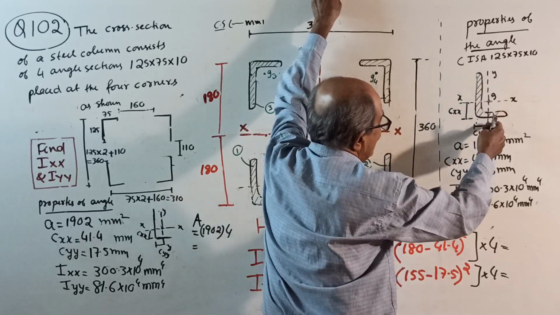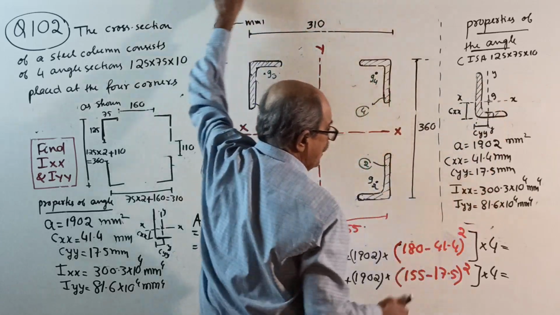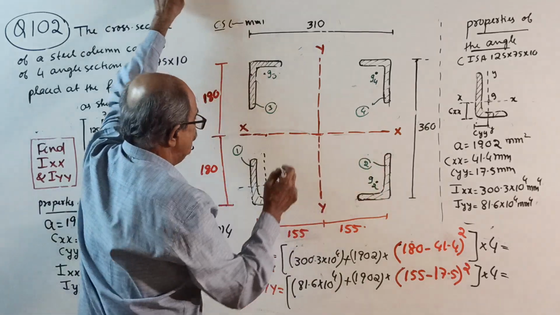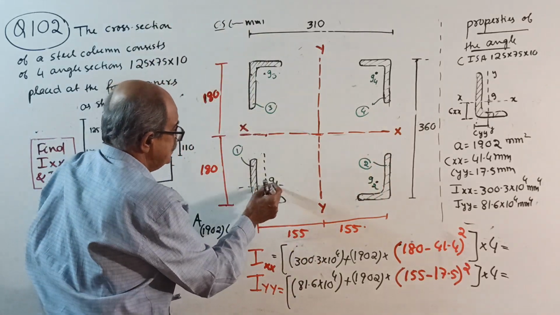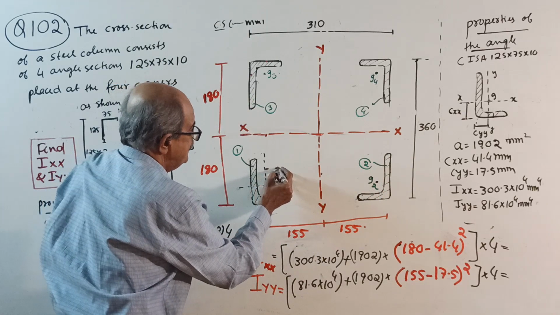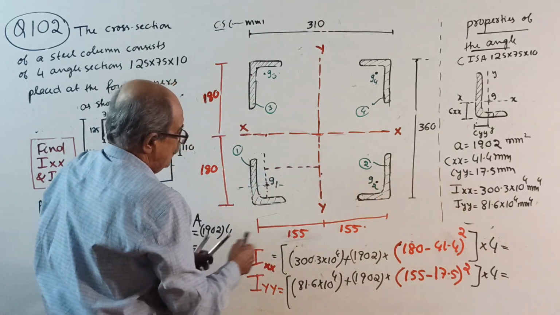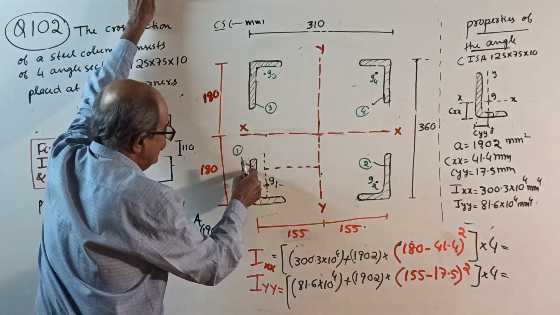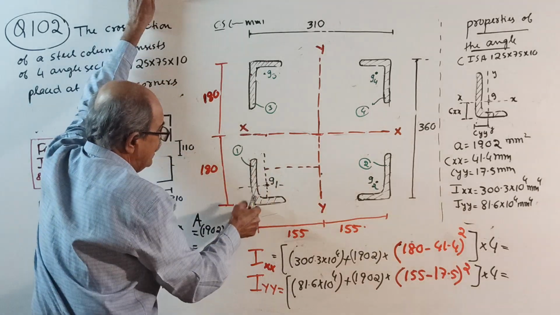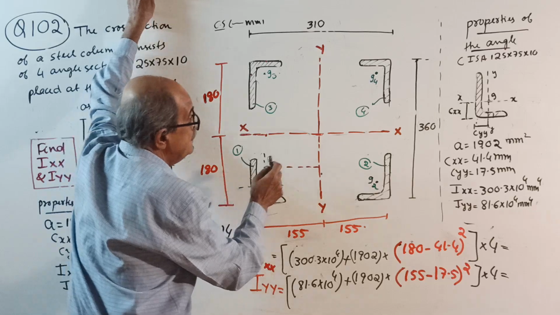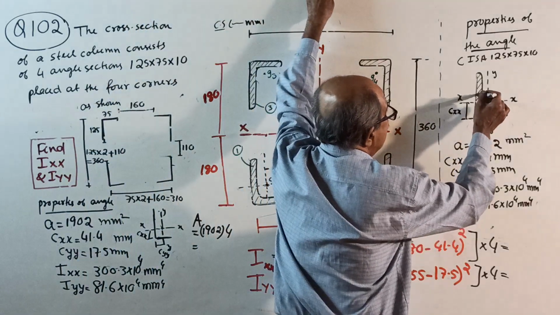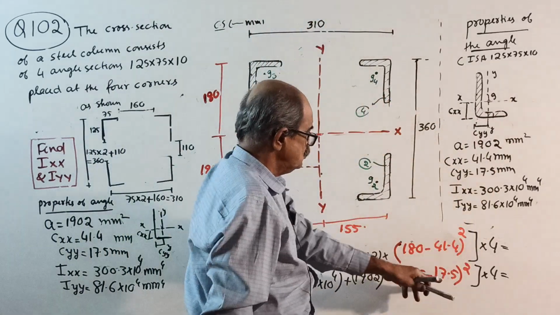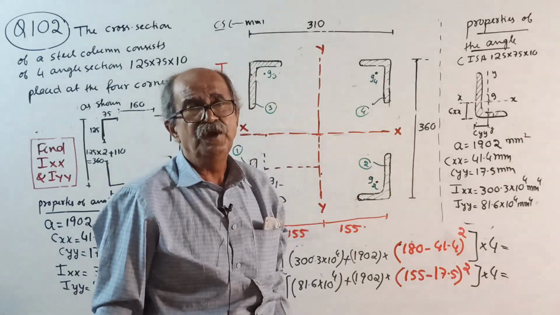I about that axis is 81.6 into 10 to the power 4, plus area 1902 into, from centroid G1 to YY, this distance square, that is 155 minus the distance from the edge of the longer leg, which is CYY, 17.5, squared. Multiply by 4, you get the answer.